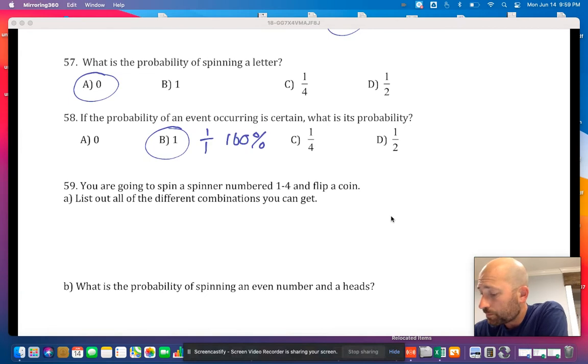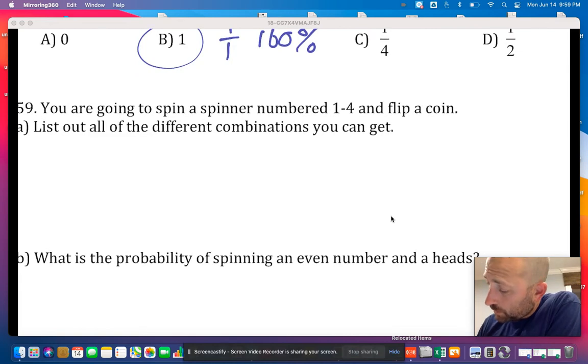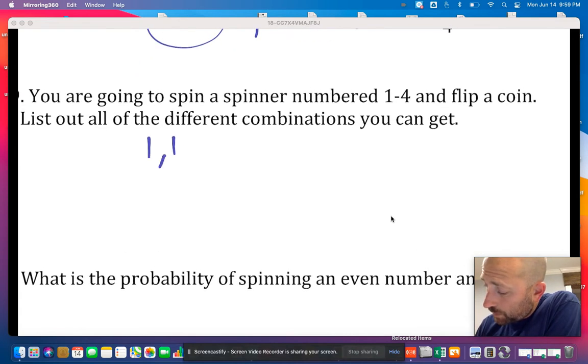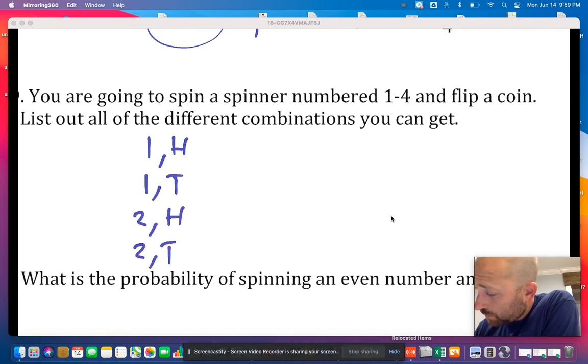59, you're going to spin a spinner numbered 1 through 4 and flip a coin. List all the different combinations you can get. So you can get 1 heads, 1 tails, 2 heads, 2 tails, 3 heads, 3 tails, 4 heads, 4 tails.